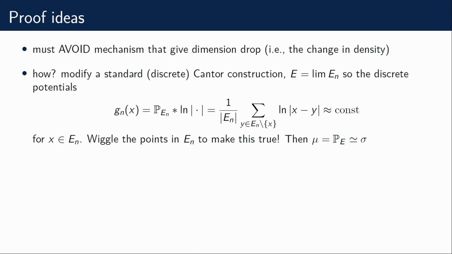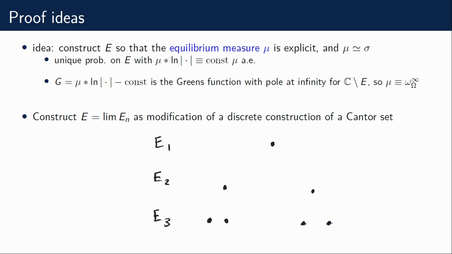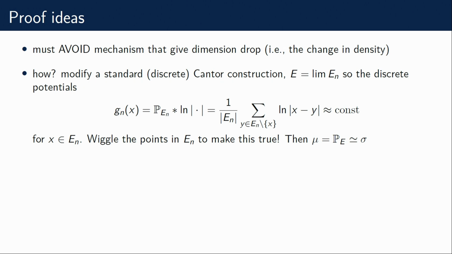And what we do is we compute something that is like a discrete approximation to this potential with the natural probability measure at each stage of the construction. And we want to do it so that this thing is very close to constant as you iterate down scales. The only way that you can make this happen is if the relative distance between two neighboring points in the construction, versus the closest nearest neighbor, is much, much smaller. And this is what gives the ability to control this discrete potential.